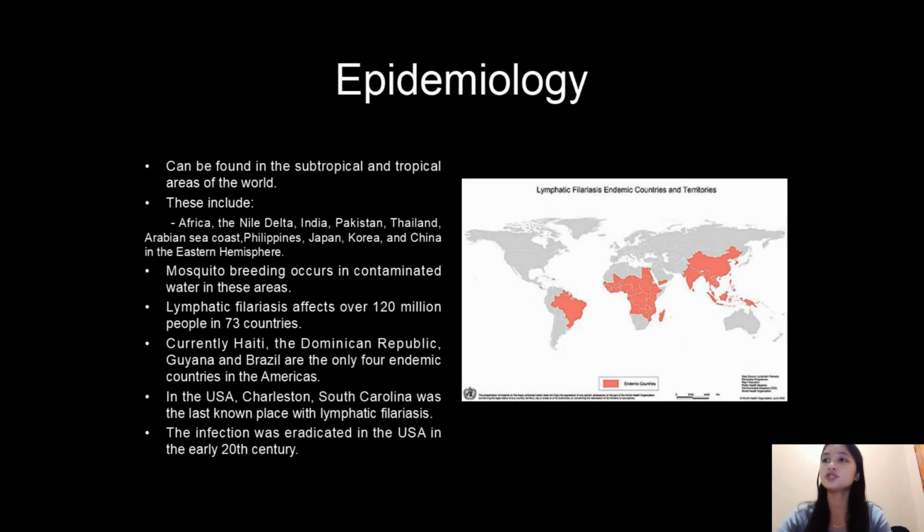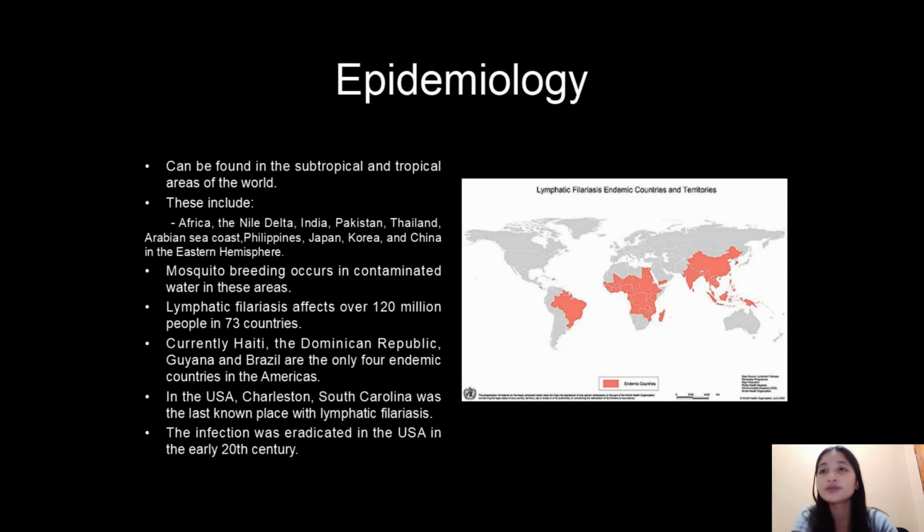So, epidemiology, let's move on. It can be found in the subtropical and tropical areas of the world. These include Africa, the Nile Delta, India, Pakistan, Thailand, Arabian Sea Coast, Philippines, Japan, Korea, and China in the Eastern Hemisphere. Mosquito breeding occurs in contaminated water in these areas.